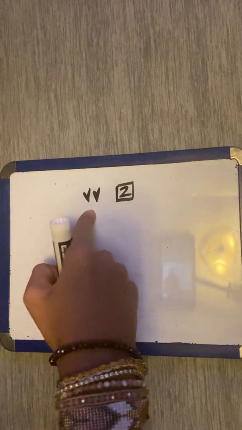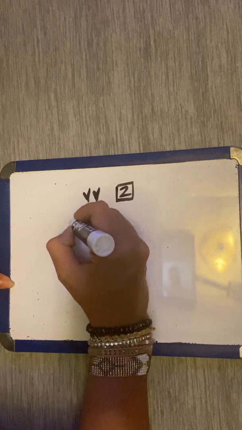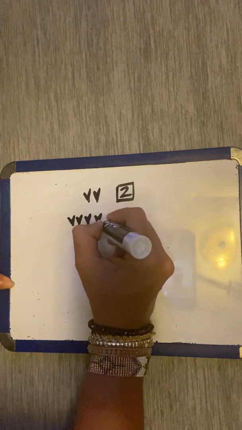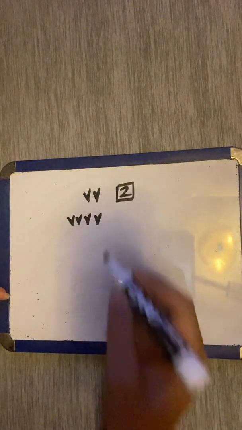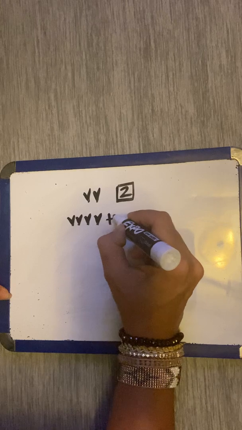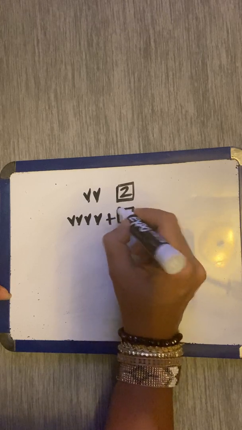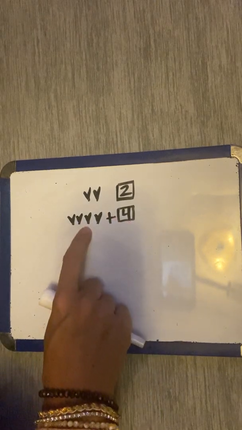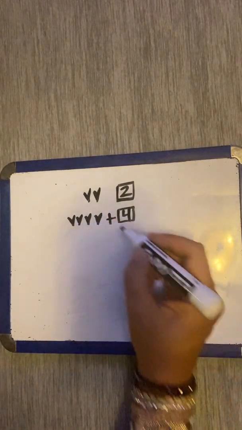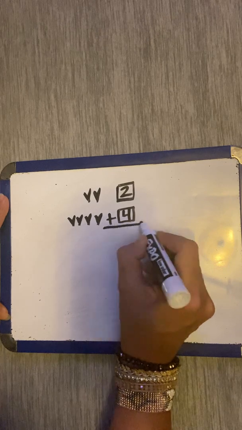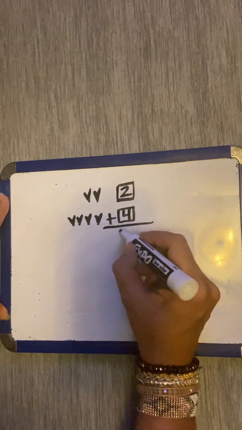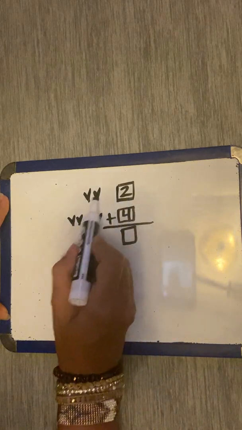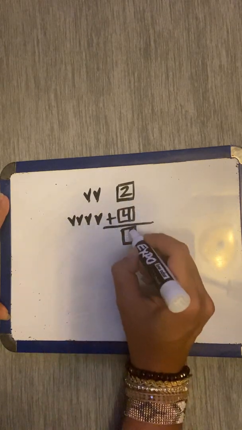Then, below, you're going to have 1, 2, 3, 4. Okay? You've got your plus sign and the number 4 to match the set. And then, what does this line represent? Equals the same answer. 2 plus 4 equals 1, 2, 3, 4, 5, 6.